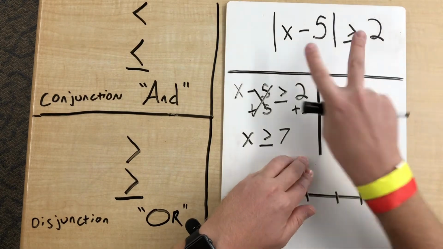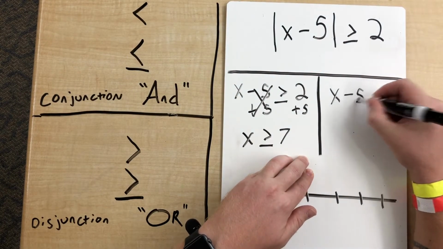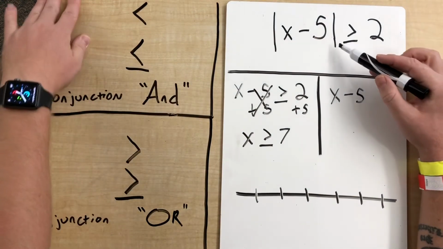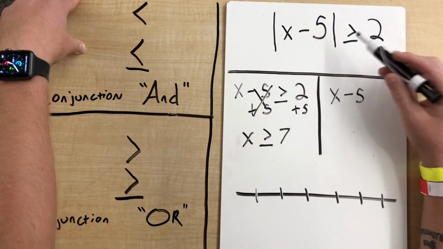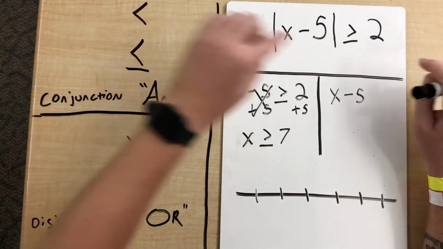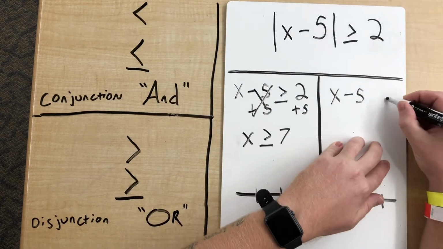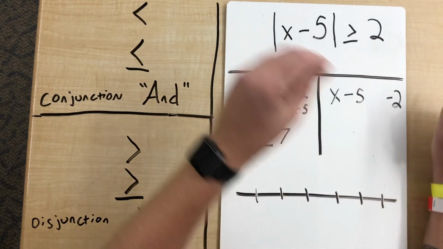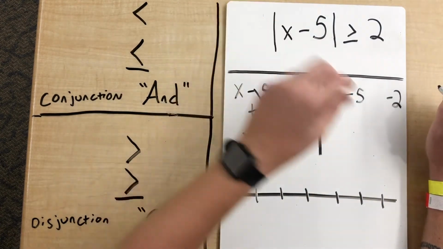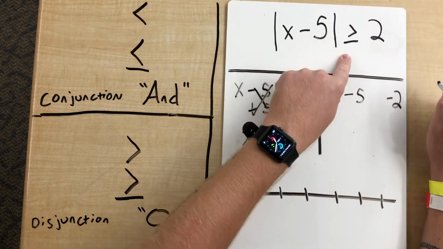First off, I'm going to ignore the absolute value, x minus 5. Now remember a month ago when we were doing absolute value equations, do you guys remember what happened when we're finding our second answer? Ding, ding, ding, we make that negative, okay? So we're gonna make it negative, but please do not forget, when you're finding out the second solution and you're making that negative, we have to flip the sign.